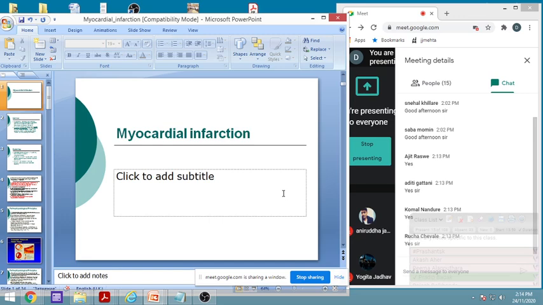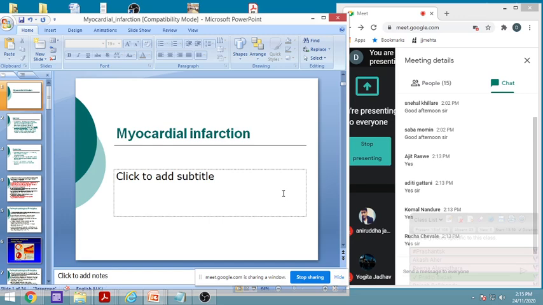Here myocardial infarction is many times all of a sudden, and this is the rupture of an atherosclerotic plaque, and that rupture results in occlusion of a major coronary artery, or rather a major branch of a coronary artery.